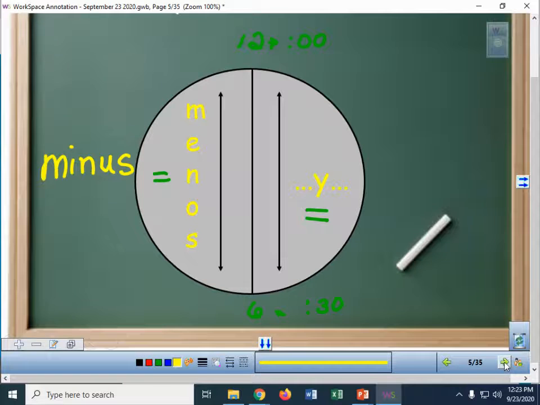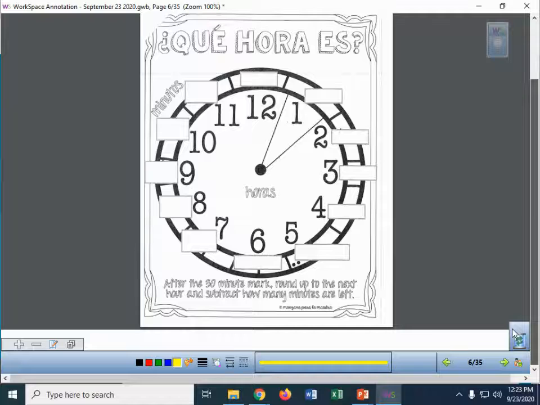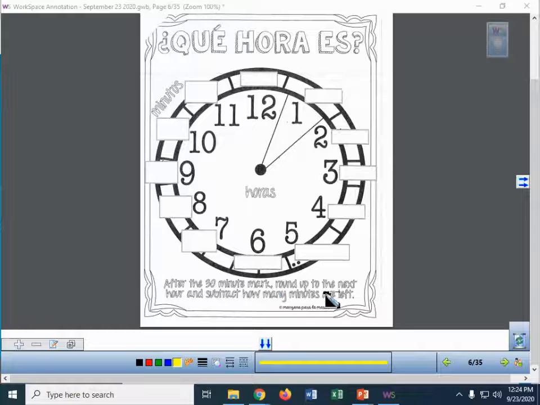Now we're going to cover that. ¿Qué hora es? What time is it? So after the 30-minute mark, round up to the next hour and subtract how many minutes are left. So let's do this together. I'm going to use another color. This is 30.